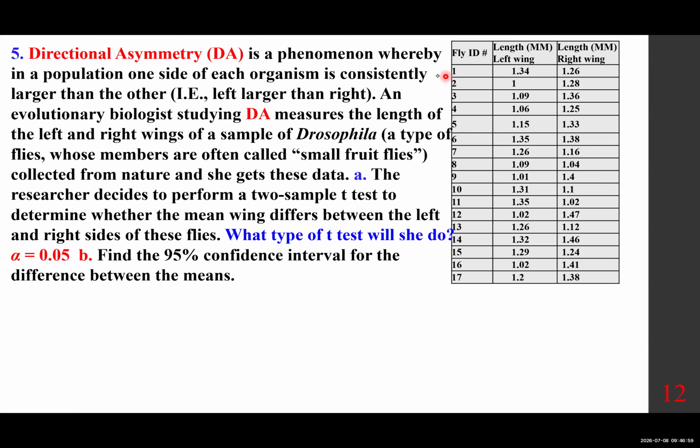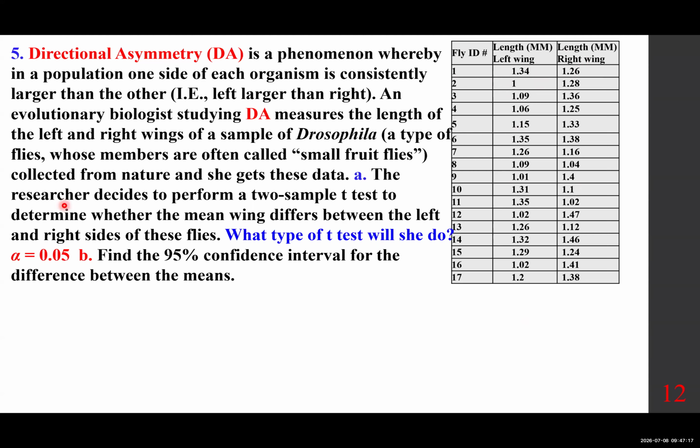So the first one, the length for the left one is 1.34, for the right one is 1.26. The second fly, the left one is 1, the right one is 1.28, and we have a bunch of it. More specifically, how many? We have 17.